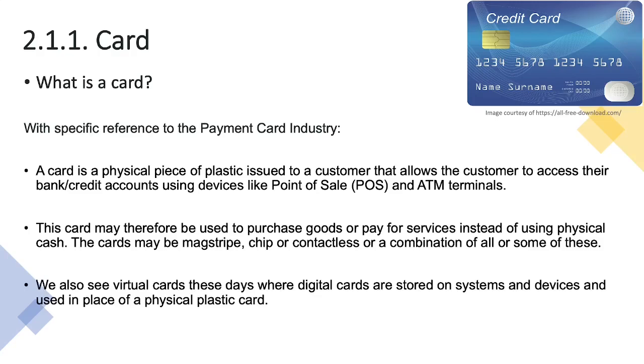A very interesting concept is the concept of virtual cards. A virtual card will, in effect, behave the same as a physical card. The difference is that a virtual card doesn't have a physical form. It's usually a digital card that we store on a device like a mobile phone.